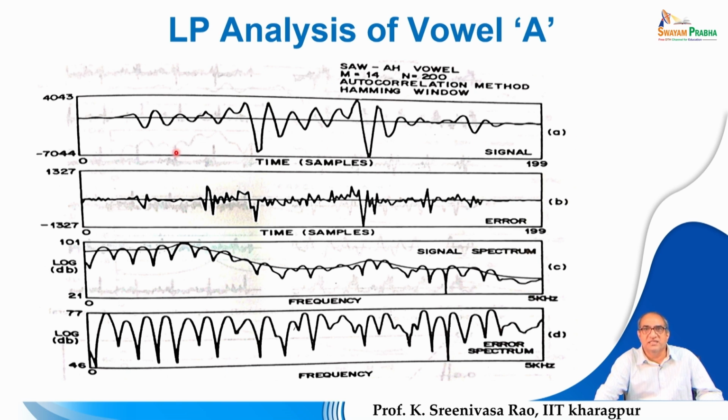Here, if you perform the linear prediction analysis by computing the linear prediction coefficients, and afterwards analyze the error, you can see the error will be more here, and here you can see a bit of error. Basically, these portions correspond to the glottal closure region, and here also a glottal closure region, and correspondingly you can see more error there.